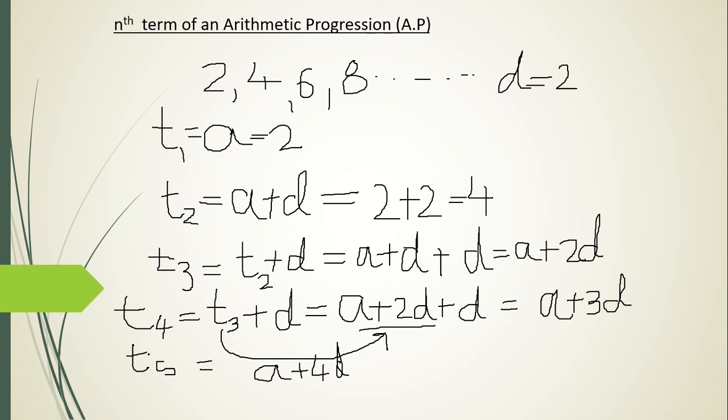So you will realize that whatever the term, whatever n is, the number over here is one less than that. So for the nth term, we can have a formula like this: A plus, and the number over here is 1 less than n. So that is going to be A plus (n minus 1) D.